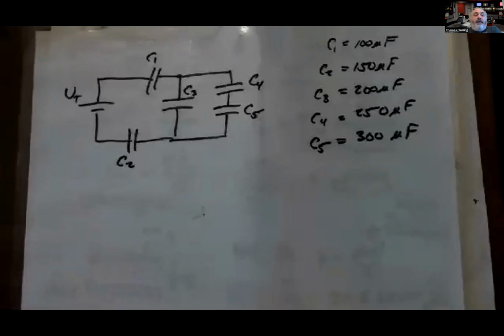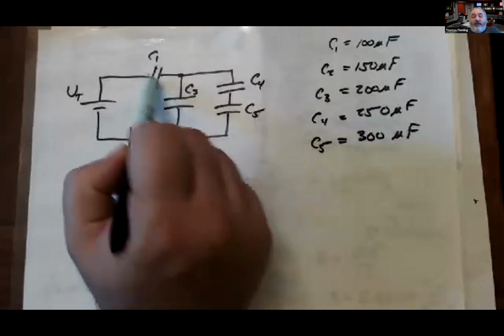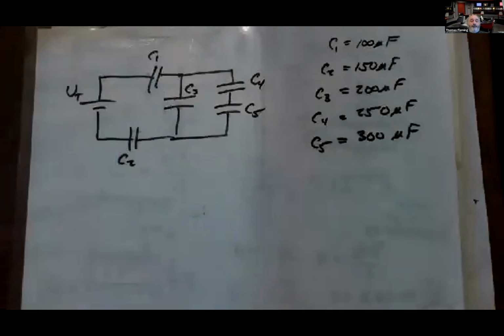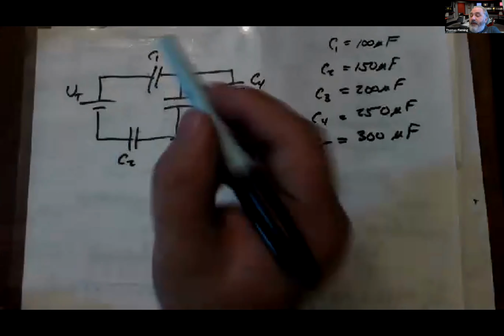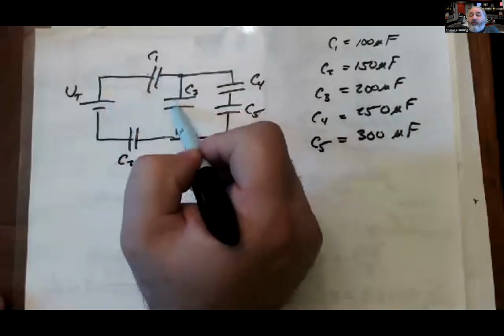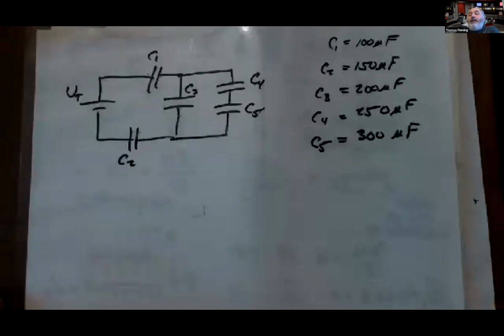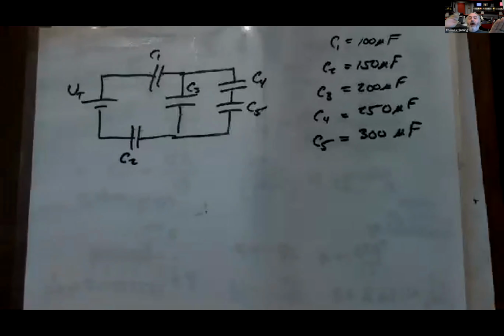They also think that series means one after the other. So they're like, oh, this comes right after this, so these are in series. That's also incorrect. The way that I know that it's incorrect is because if I have charge coming through C1, it could go through C3, but it doesn't have to. To be in series, I have to be able to say anything going through one must go through the other.